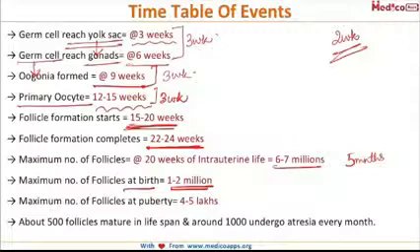At birth, I repeat again, there are 2 million follicles. They keep on degenerating so that by puberty, only 4 to 5 lakhs of these follicles are left. In the entire lifetime of a female, around 400 to 500 of these follicles mature and the rest degenerate. And what is the rate of this degeneration? Every month, around 1000 of these follicles degenerate.